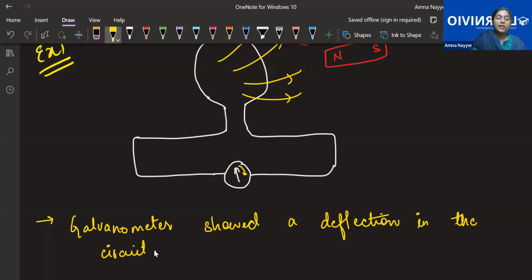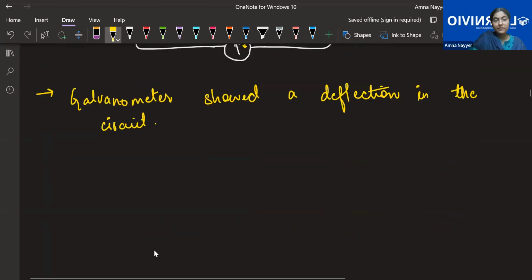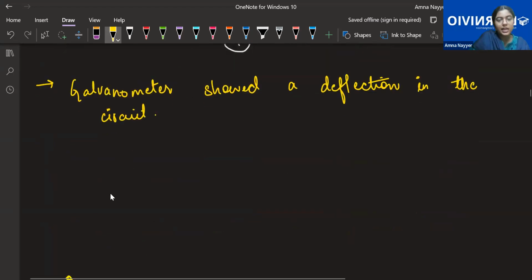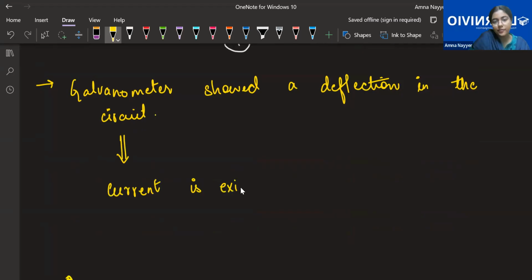This concluded the fact that if galvanometer is showing deflection, this shows that current is existing, means there was a current in your circuit. That was one experiment.